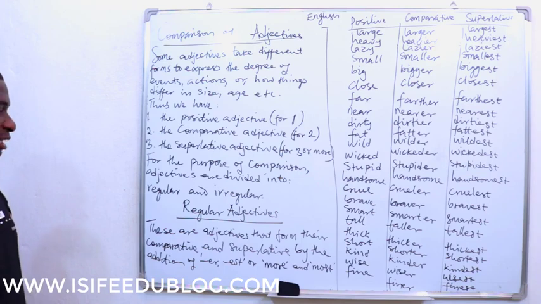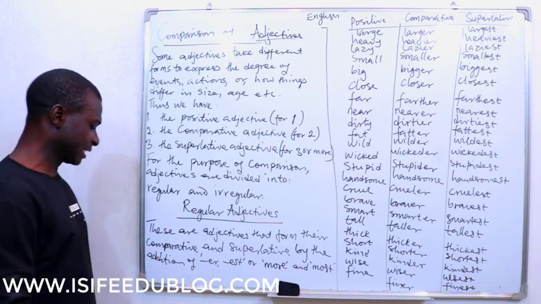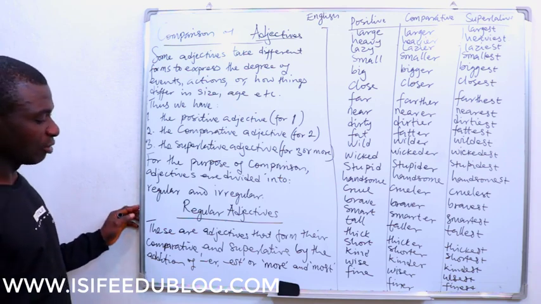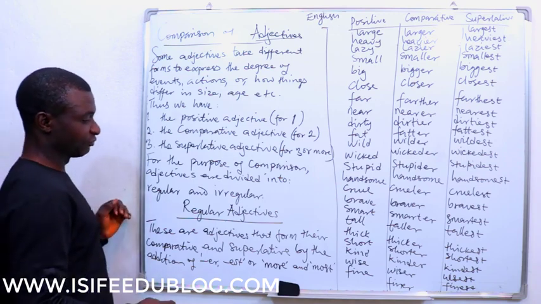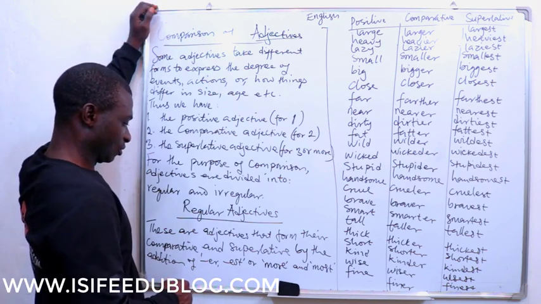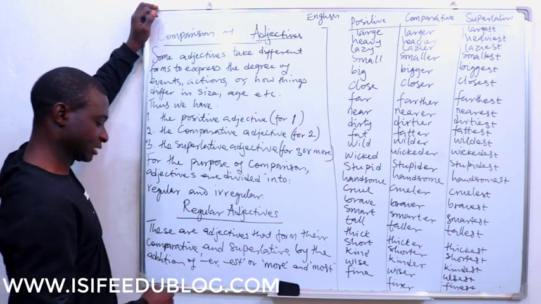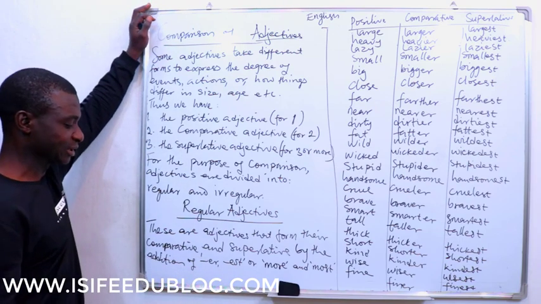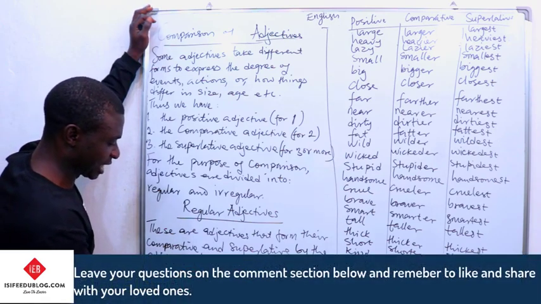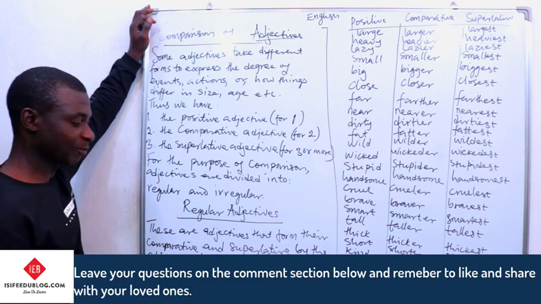These are adjectives that form the comparative and superlative by adding er, est, or more and most. That is to say, for the regular adjective, we can predict. The regularity here is the ability to predict. We can predict that the comparative takes er, and that the superlative takes est.